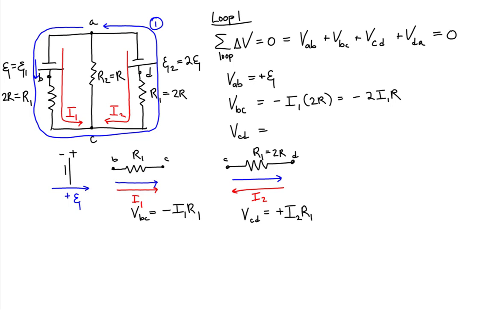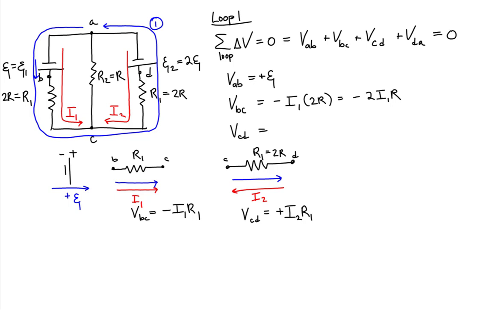And that positive sign is there because we are going opposite the direction of the assumed current. And if we're going opposite the direction of the assumed current, then that would mean that when we go from point C to point D, point C is at the lower potential, point D is at the higher potential. So that would be a potential gain.